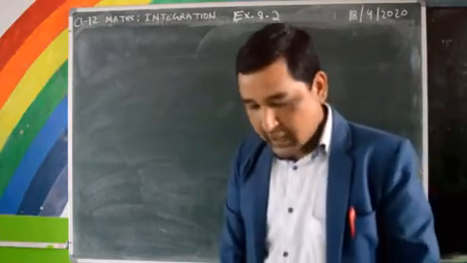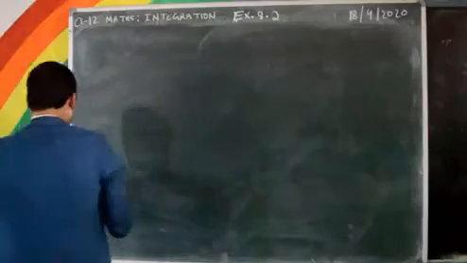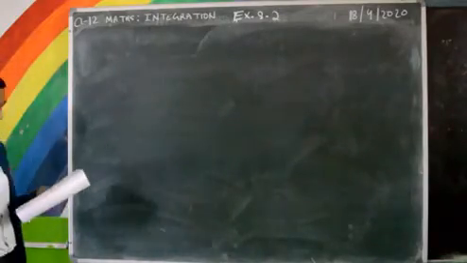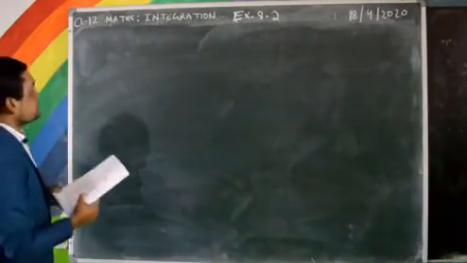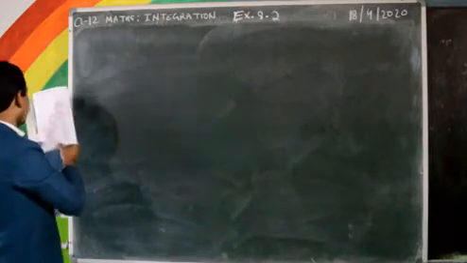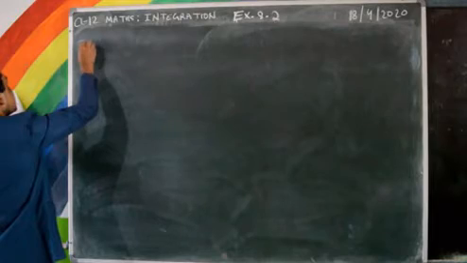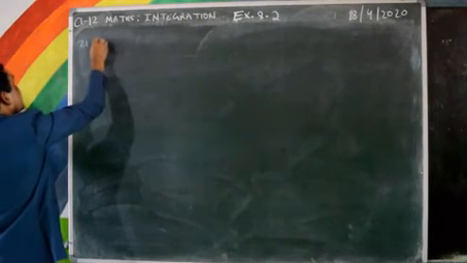Now, last question from this exercise. Then we are going to close this exercise from my side, and you are going to open and complete the rest of the questions. Okay? Don't leave any question because every question is important for you. Now, question number 21.